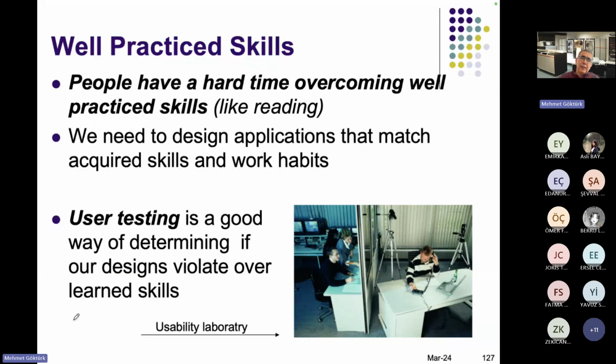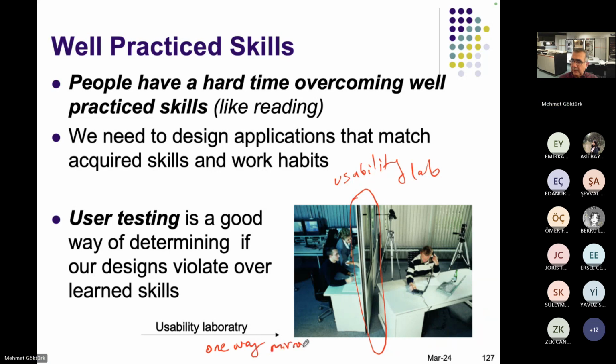Last time we left off in a discussion about usability labs and user testing. This is an example of a usability lab where you have a one-way mirror window, which has been the most important part of usability labs.